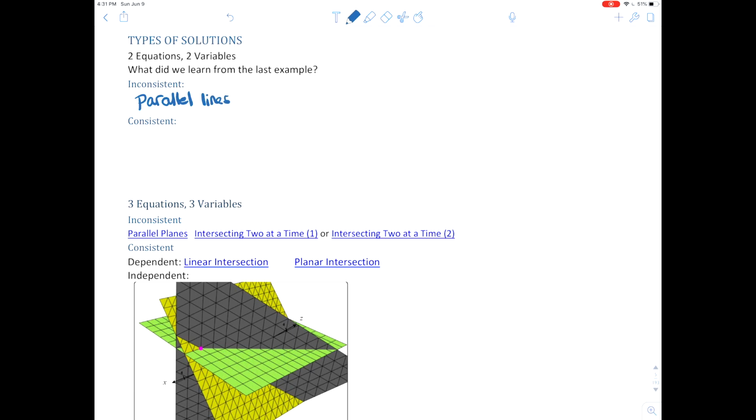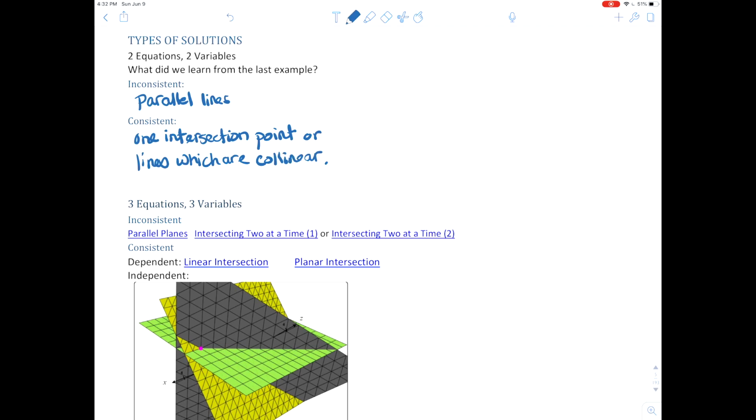And then consistent systems, you could have one intersection point or lines which are collinear.